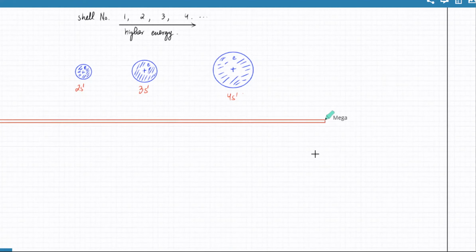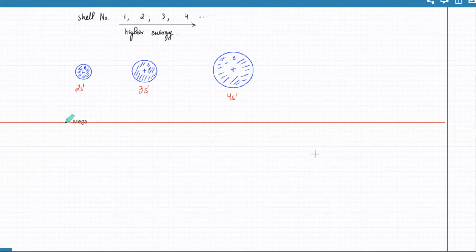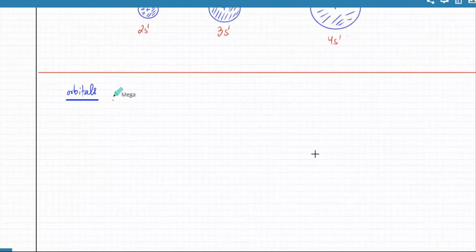Anyway, so three things. Let's just sum this up and start writing electronic configuration. So there are three things. You've got orbitals. Orbitals are the physical space where you will find the electron, where you will find its negative charge.